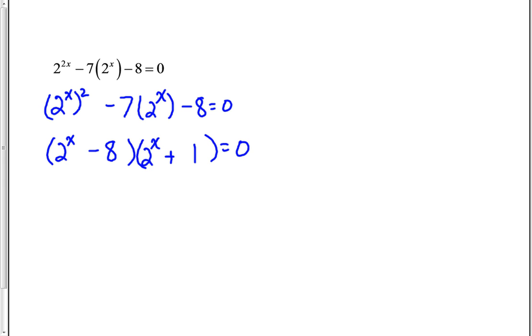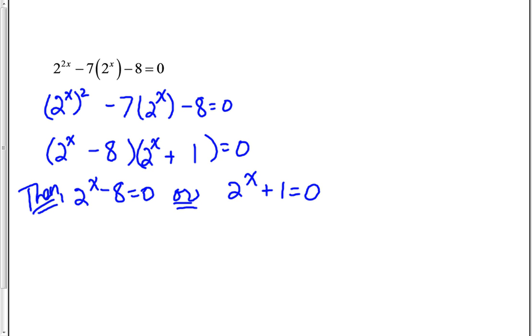Let's solve. I have two things being multiplied to give me a 0. That means either this one is 0, or 2 to the x plus 1 equals 0. Let's look at the first one.